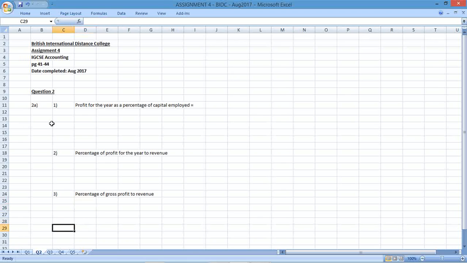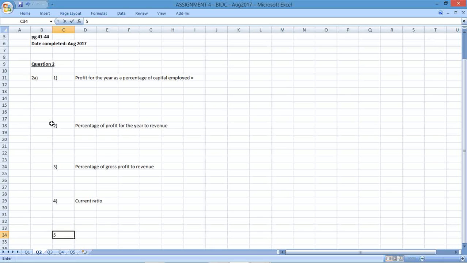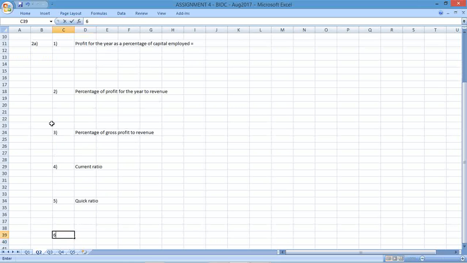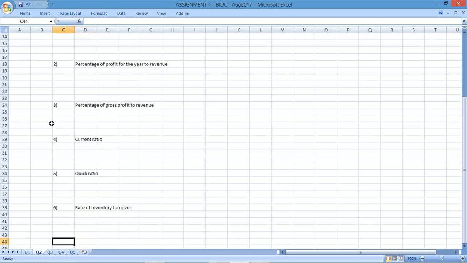We've got the current ratio, quick ratio, rate of inventory turnover, collection period for trade receivables.